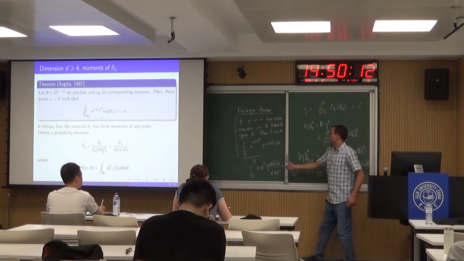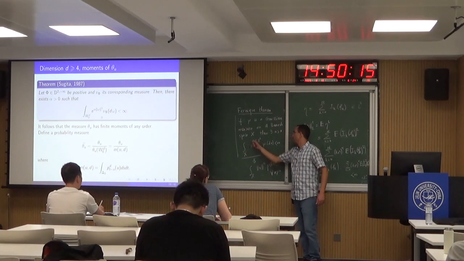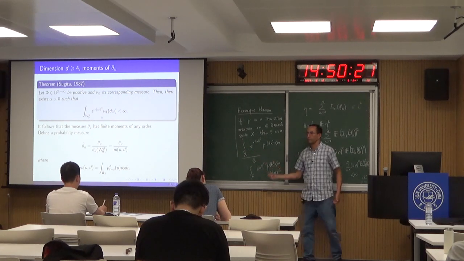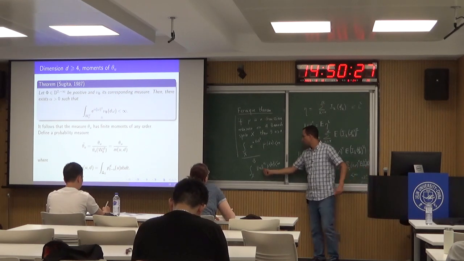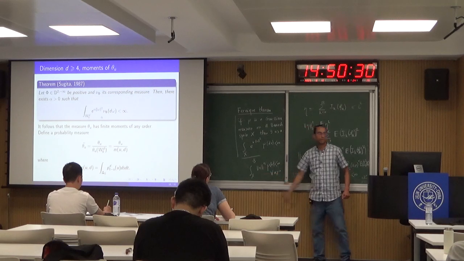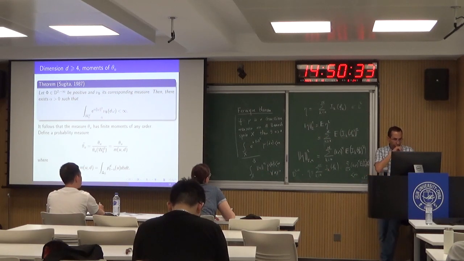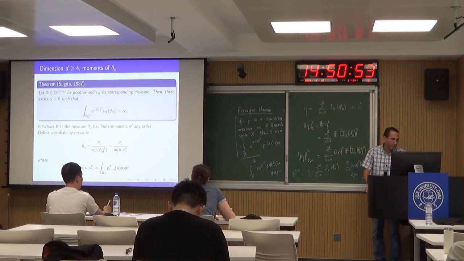Or you can expand this as a series in alpha to the n, norm of x to the 2n, divided by n factorial, and each term will be finite. As a consequence of the Fernique-type theorem, this measure has finite moments of any order. In particular, our measure theta u associated to the generalized self-intersection.